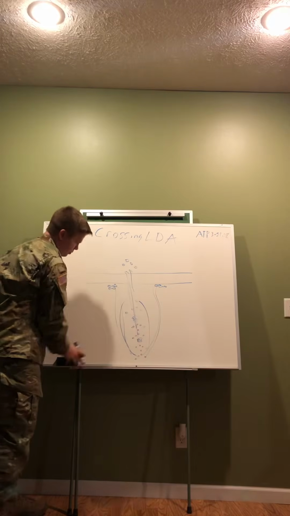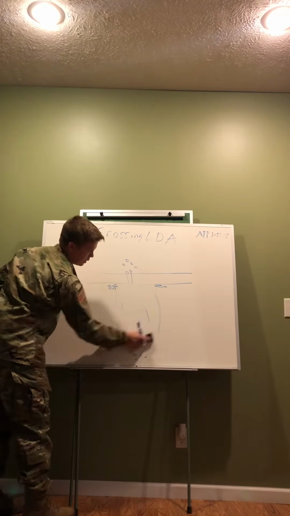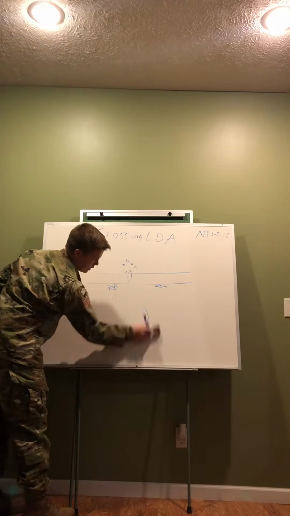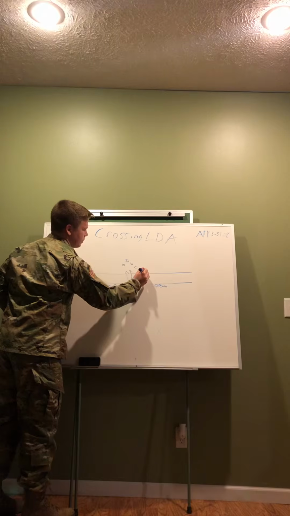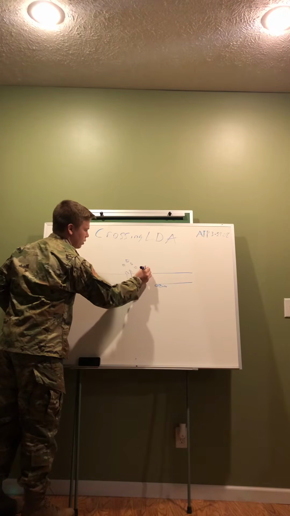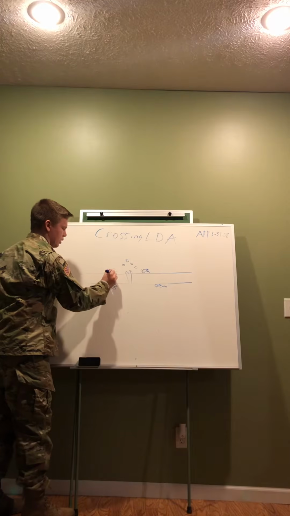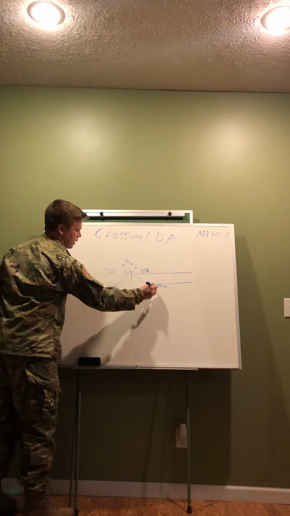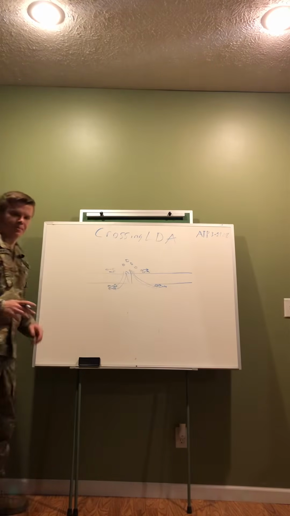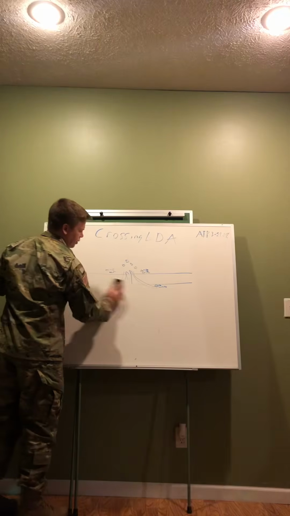And then finally, the last team that is left will pull security on this far side, 2 facing this way and 2 facing this way, so that these guys can cross the LDA and join back up with the rest of them, and they can keep going for their mission.